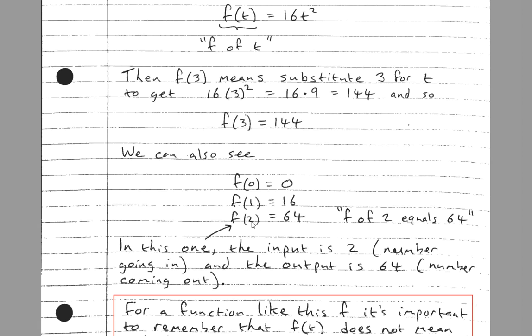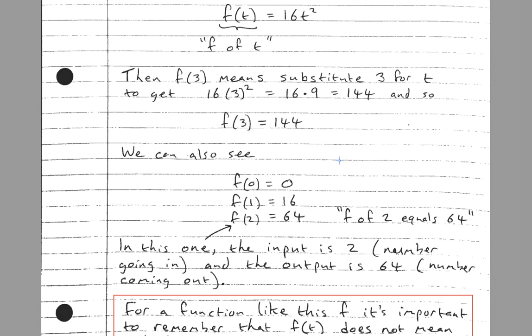And you can think of that number 2 as the input. That's the number going in. So you give the function the number 2, then the function works its magic, and then 64 comes out. So 64 is the output, the number coming out.